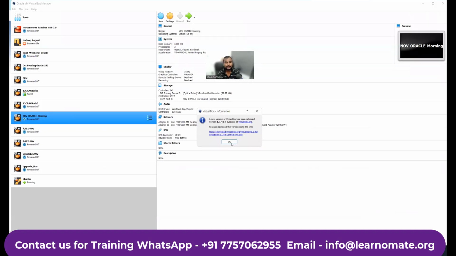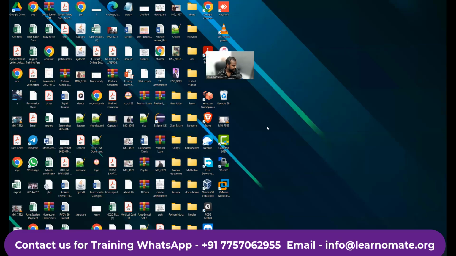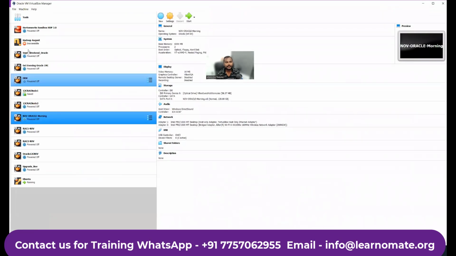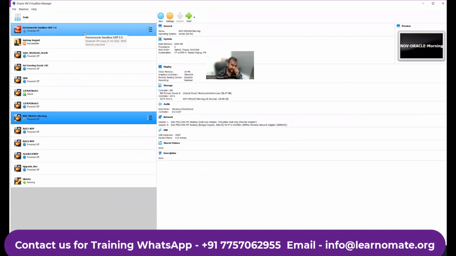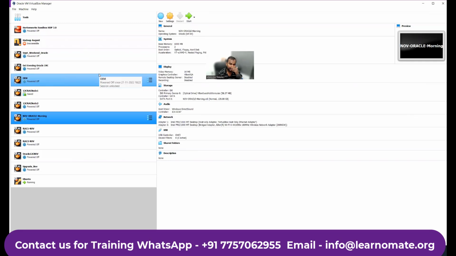By using this software, I have one ready-made machine with me. I will give you one ready-made machine, and if you import that machine into this VirtualBox, the Hadoop-related things are already installed in it. Your HDFS is already installed, your Spark is already installed, Hive is already installed.